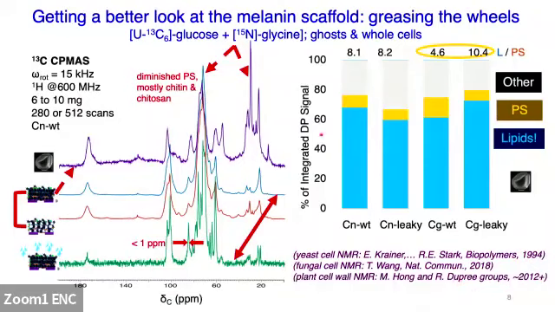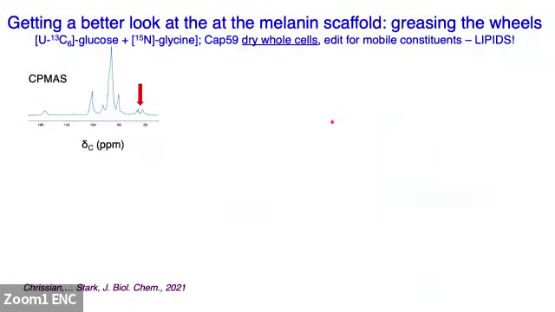What I want to focus on is what is going on with the lipids now that we've dealt with the polysaccharide scaffolds. First of all, if I take a CP mass spectrum, these are labeled. This is a strain without a capsule, as it turns out, but these are dry whole cells. It's not so surprising that the lipids do not cross-polarize very well.